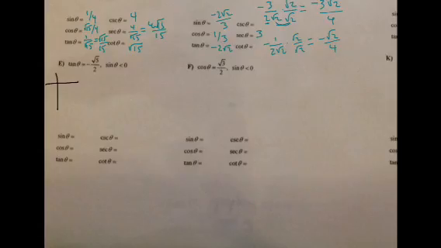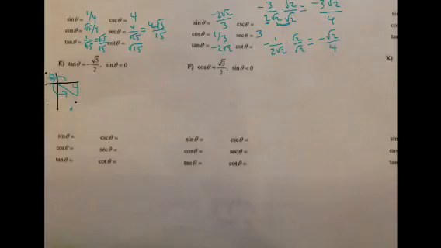So for letter E, tangent is negative in quadrants 2 and 4, and sine is negative in quadrants 3 and 4. So the two dots are in quadrant 4, so the angle's right here in quadrant 4, so here's theta. And then we form a right triangle right there to the x-axis.